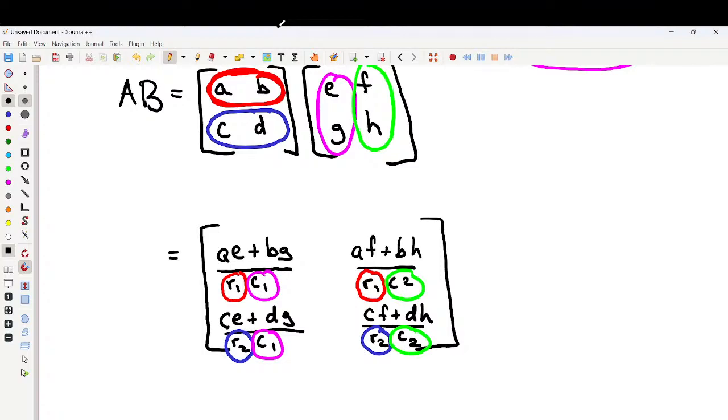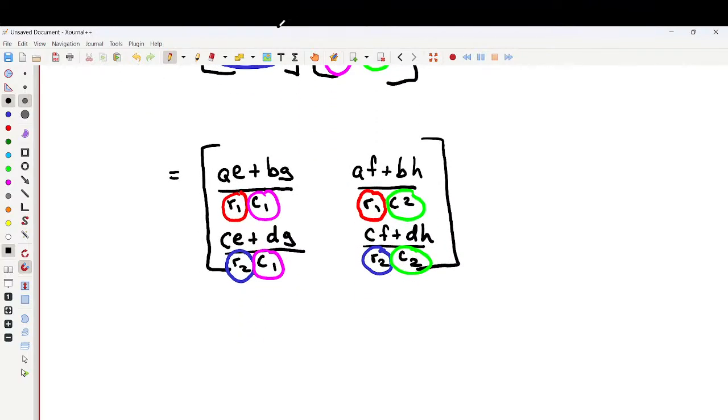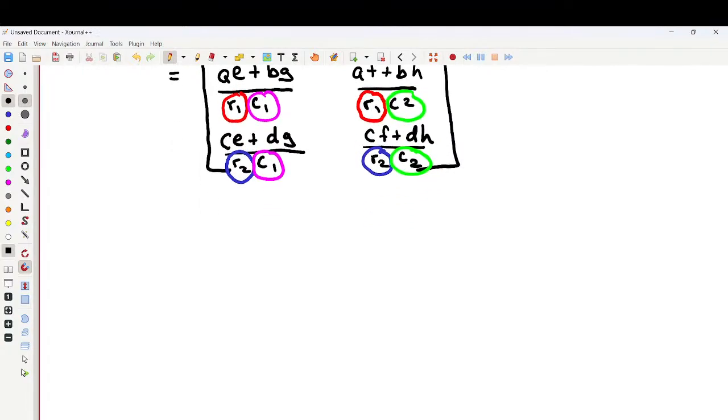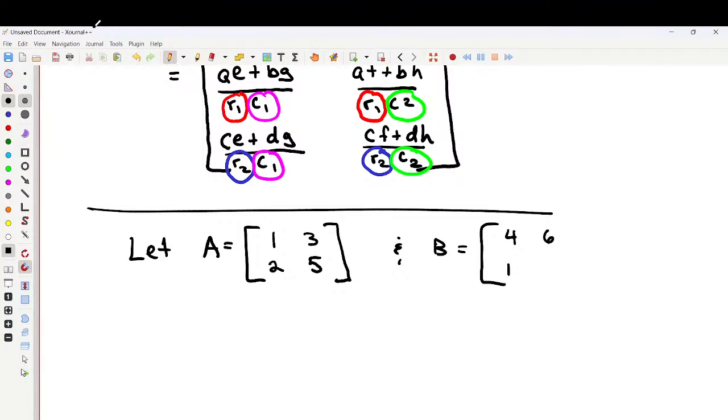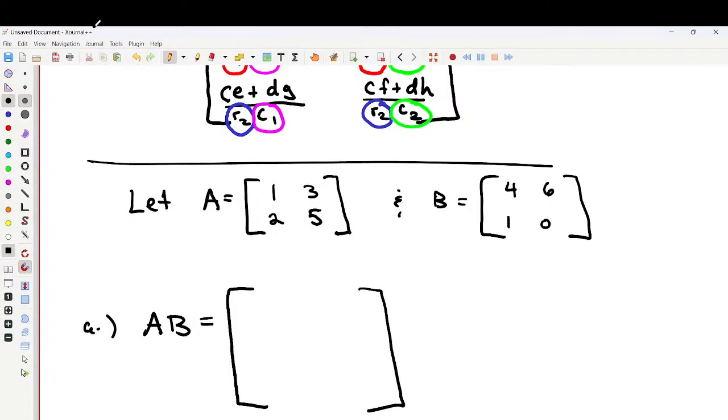Go GH, find their dot products as you move along. Let's find this product with actual number values.